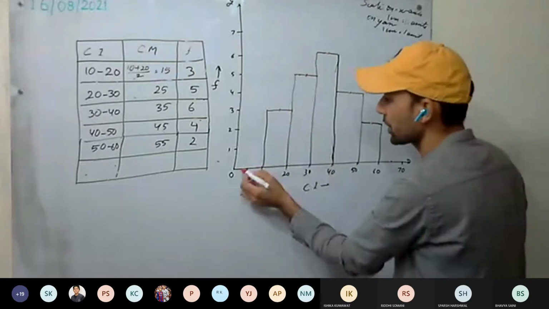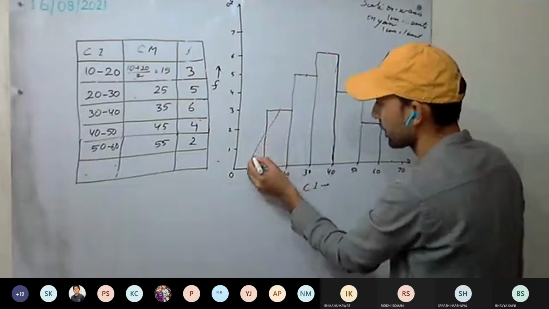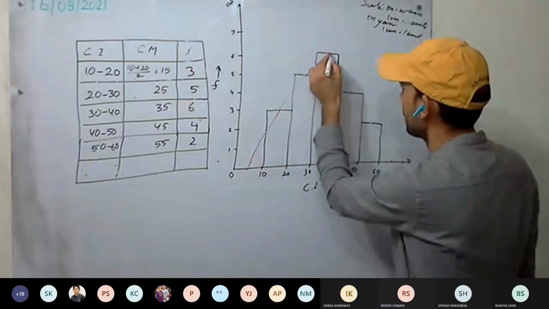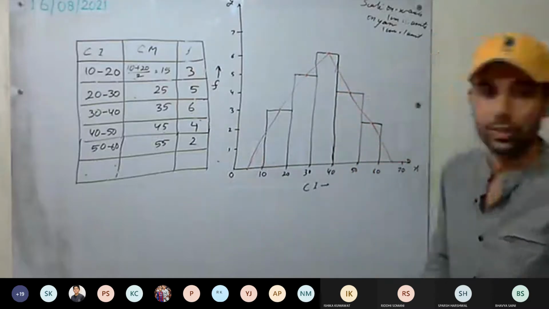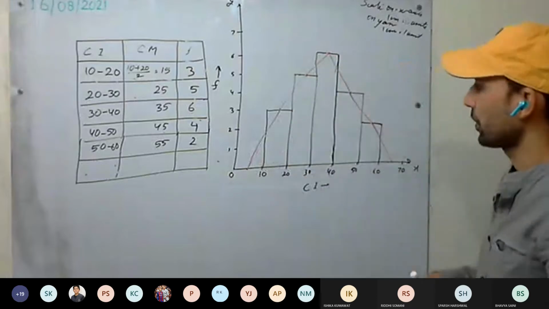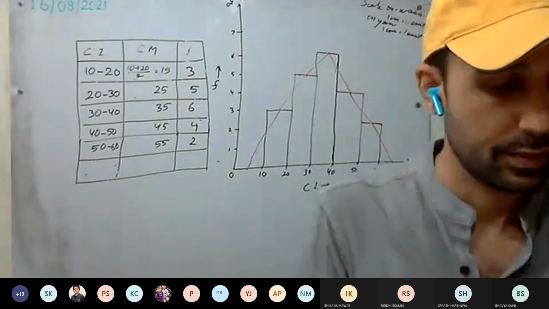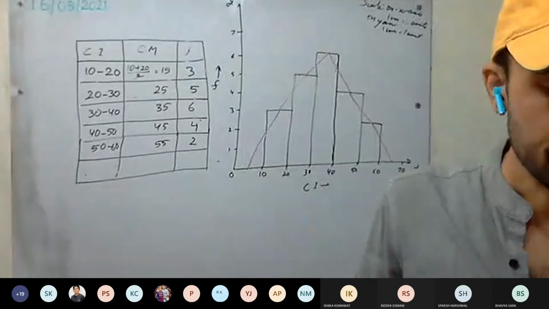Use the scale to join them. So this is the frequency polygon. Have you all understood? Yes, sir. Is this clear?